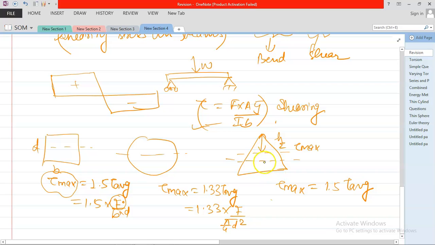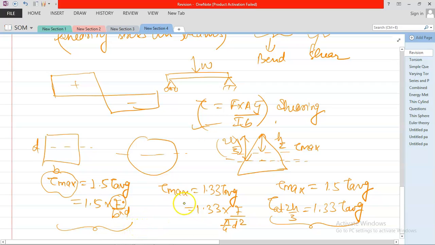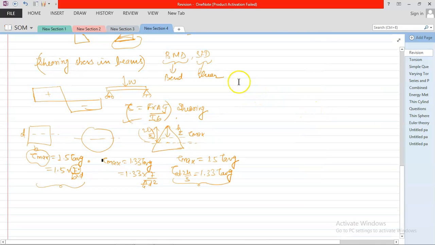But at 2h by 3, the center of gravity, tau is 1.33 times tau average. Please remember this for exams. They will not ask you to derive this from the basic equations. Bending stress they can ask, but for shear stress I remember only these things being asked in the exams.